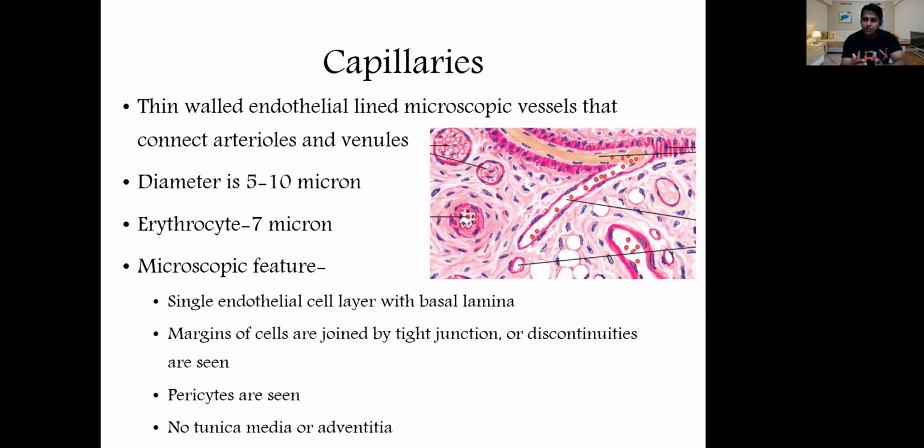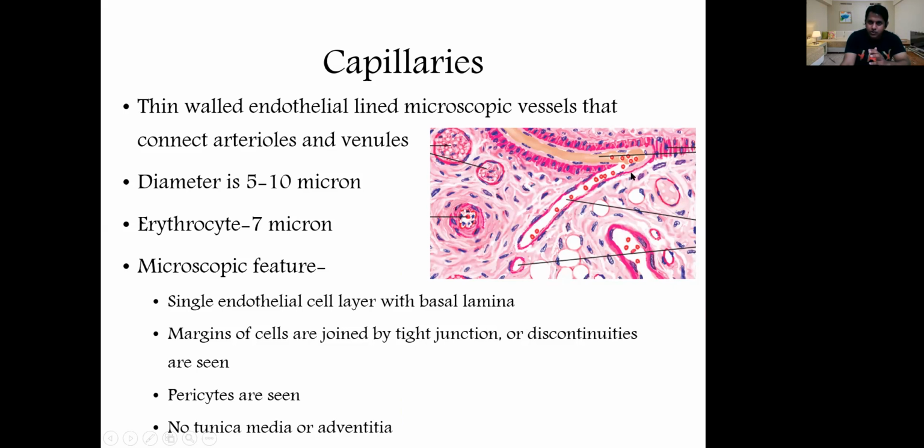So when they are passing via the capillaries, they form a sequence in which they go in a line and go into the venules. In this picture, you can see a longitudinal section of a capillary showing the single lining of simple squamous epithelium resting on the basement membrane and nothing else.